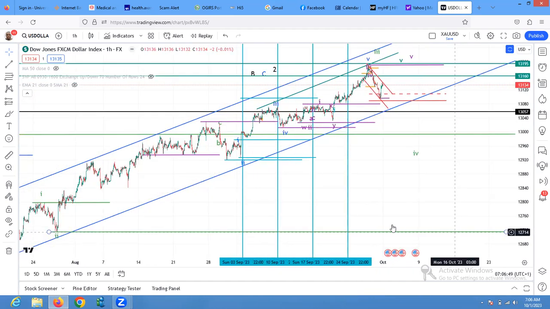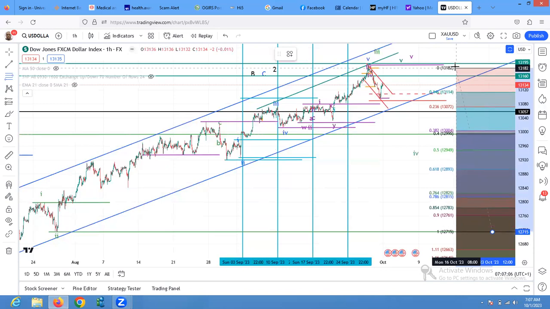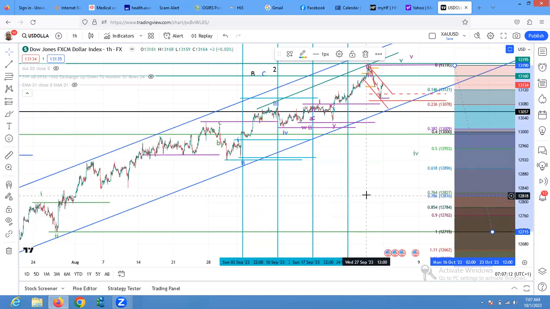So if that is what we are anticipating, then we are going to come here and try to see what is going to give us. So we are anticipating this correction, and what we are saying is that this would come here.